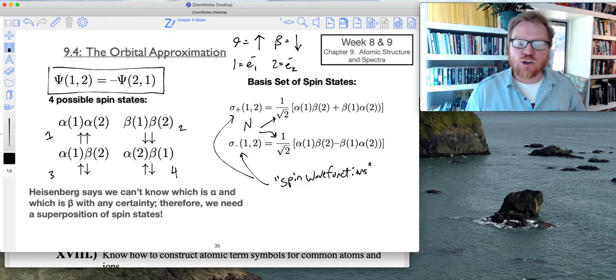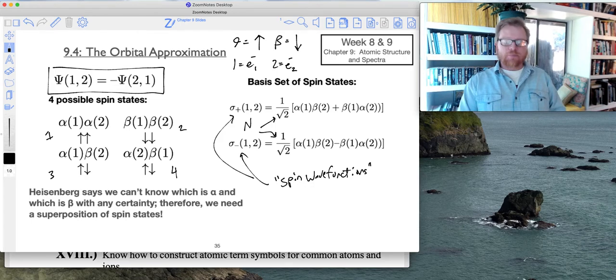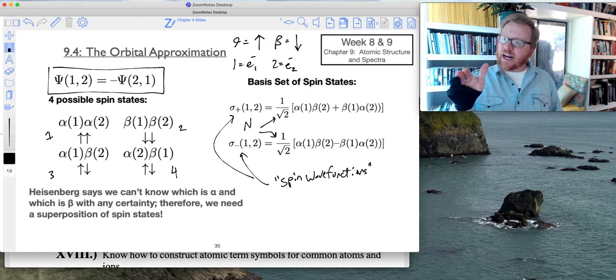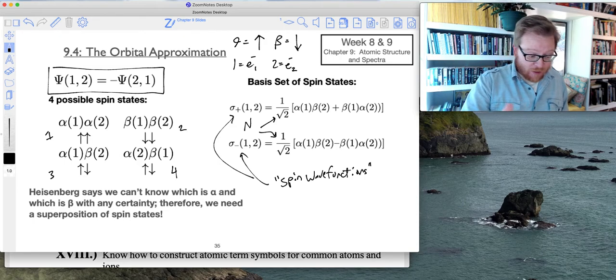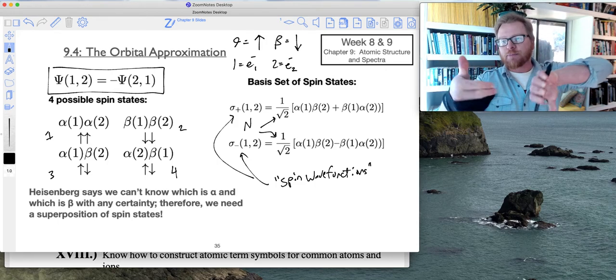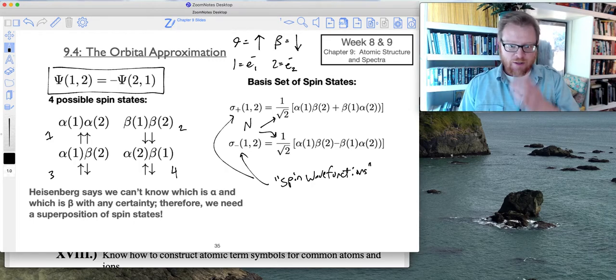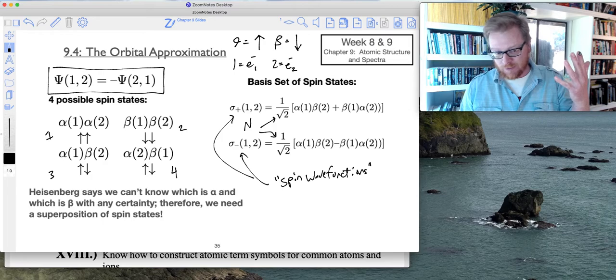And it actually has to do with the fact that the electrons are interacting. Part of that spin wave function is that electron interaction, because a spinning electron, a spinning charged object, creates a magnetic field. And when we have another electron spinning in that vicinity, those magnetic fields can influence each other to actually be attracted to each other.